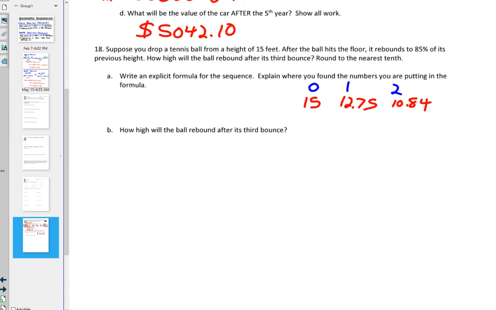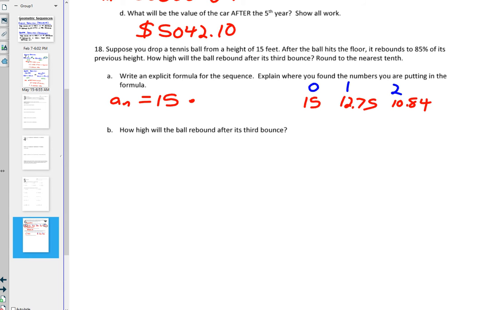So when you write the formula, again, the formula that you use depends on which number you want to count as your first entry, as your first height. Assuming that, like most of you see this 15, and you want to put in 15 as your first one, what's the common ratio here? Also known as the growth factor, also known as the split factor before we used those words.